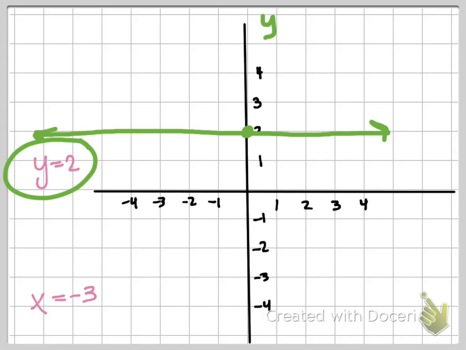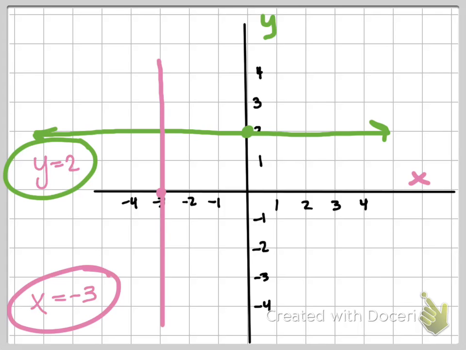Okay? Then we're going to find negative 3, and we'll do that one in pink. Okay? So I go to my x-axis, which is here. I'm going to go to negative 3 on the x-axis. Again, same exact thing. My line has to just intersect the x-axis. I do not want it to follow along the x-axis.